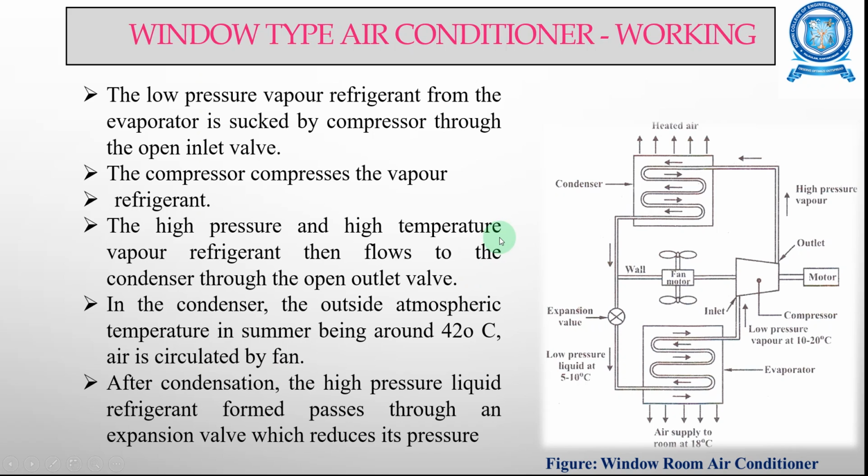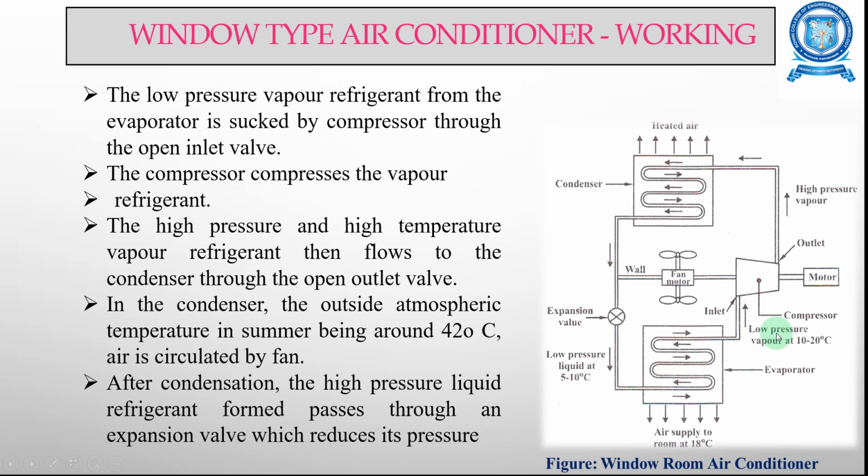Coming to the working of a window type air conditioner, you can see here the low pressure vapor refrigerant from the evaporator. This is the evaporator unit, and from here the low pressure vapor is sucked by the compressor. You have a compressor here, and it is driven by an electric motor.